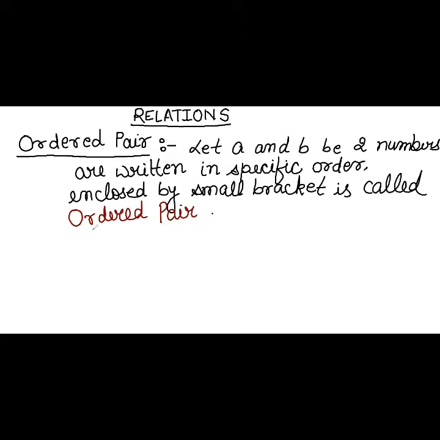I am giving an example. The numbers we can take from sets. Let A and B be two sets. Then from these two sets, we are taking an ordered pair, (a, b), enclosed by small brackets.